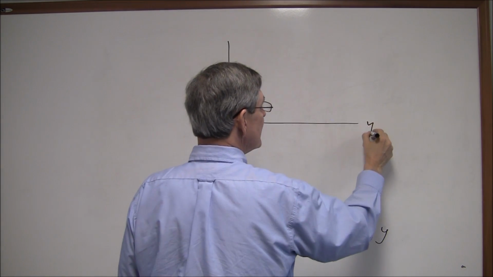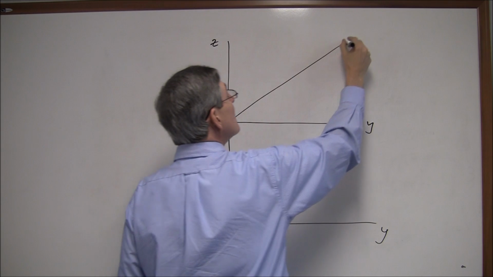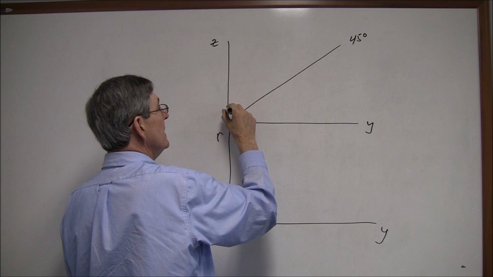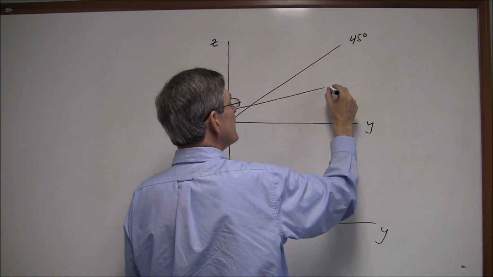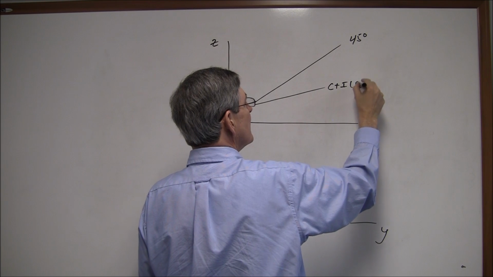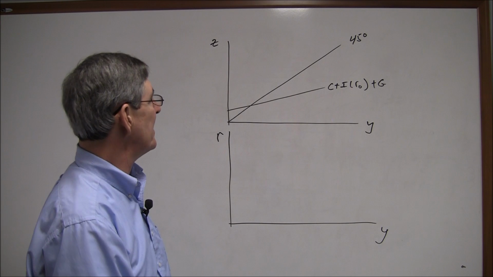So this was income Z, aggregate demand. We have the 45-degree line diagram. And let's call this C plus I of R0 plus G. I'm just dropping the other arguments for clarity.